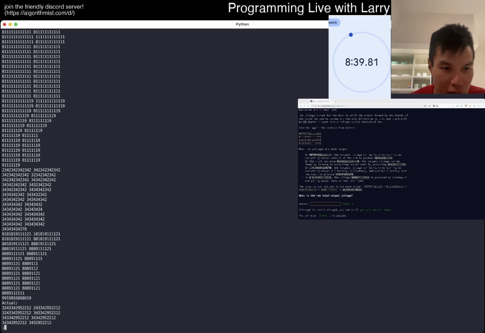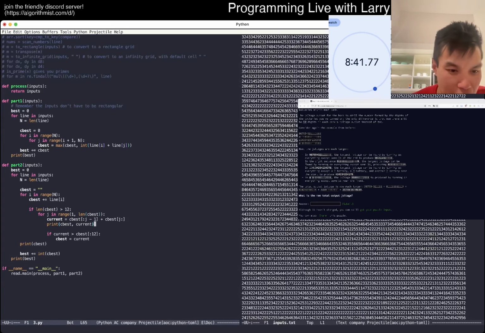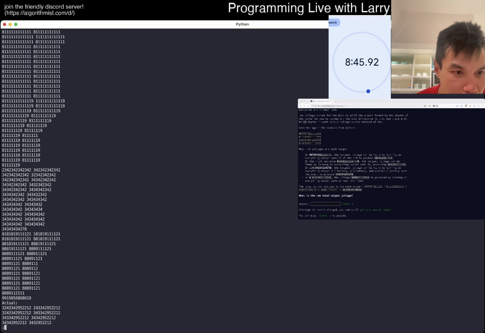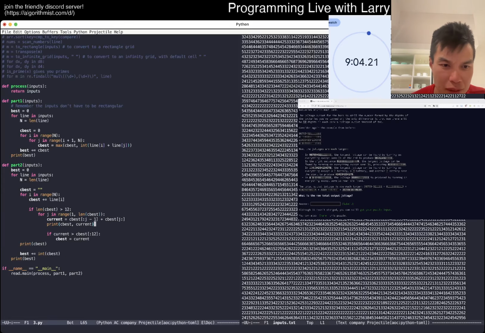It doesn't remove the first one, that's why. Wait, no, it does. No, because if it removes the first one, then it... no, it removes the 2. So why does it remove the 3? Did I just mess this up?